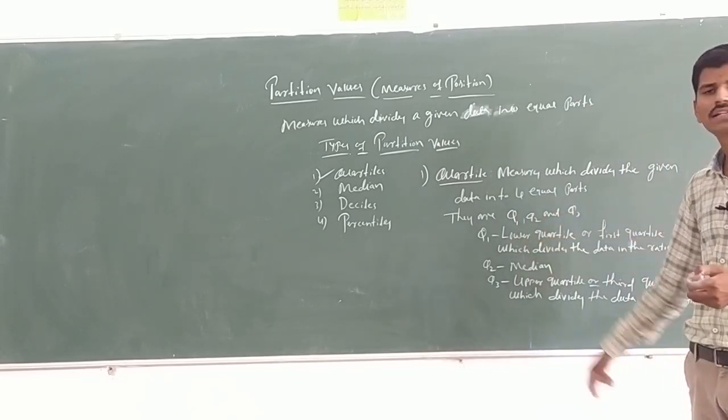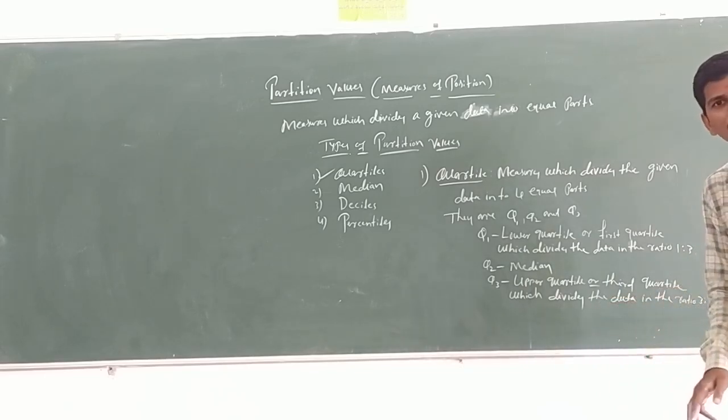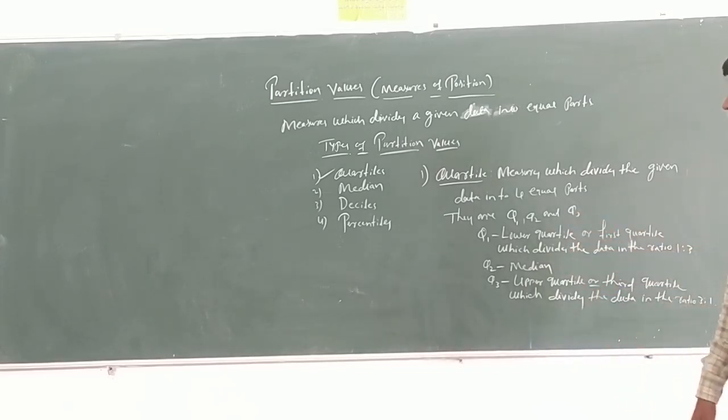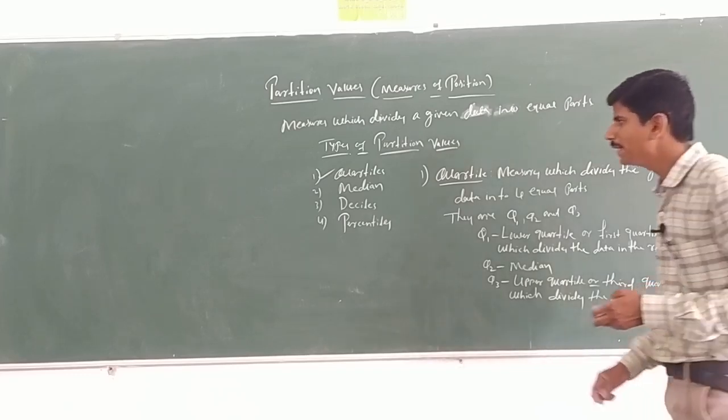Q1 is the lower quartile which divides the data in the ratio 1:3, Q2 is the median, that is the middle value, and Q3 is the upper quartile which divides the data in the ratio 3:1. That is the quartile. The next one is median.